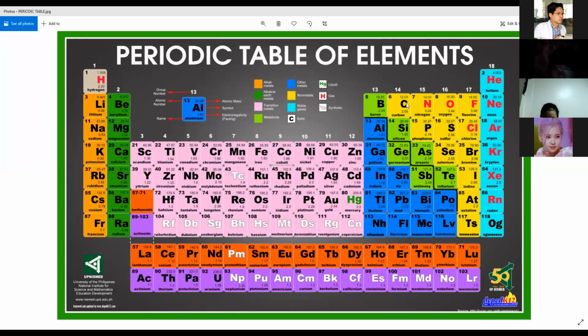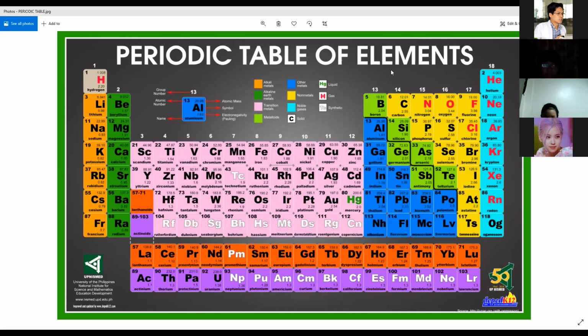If you're going to look at carbon, the atomic number for carbon is 6, right? The atomic mass for carbon is 12.01. Why is it 12.01? It is not an exact number, because there are a lot of carbons, although they are the same.